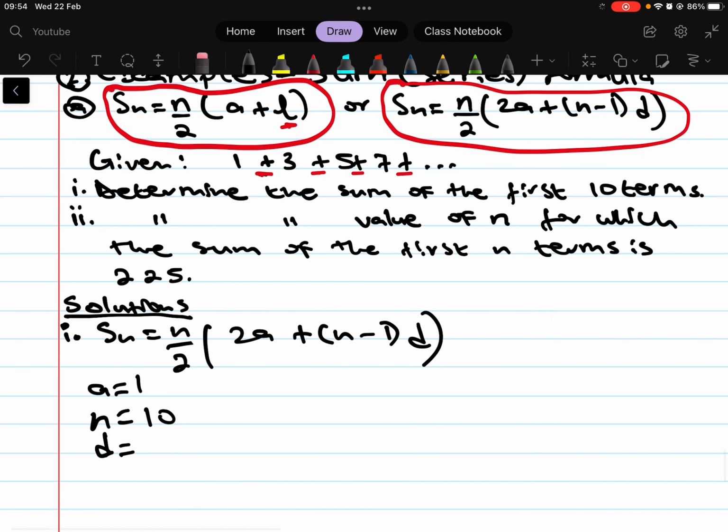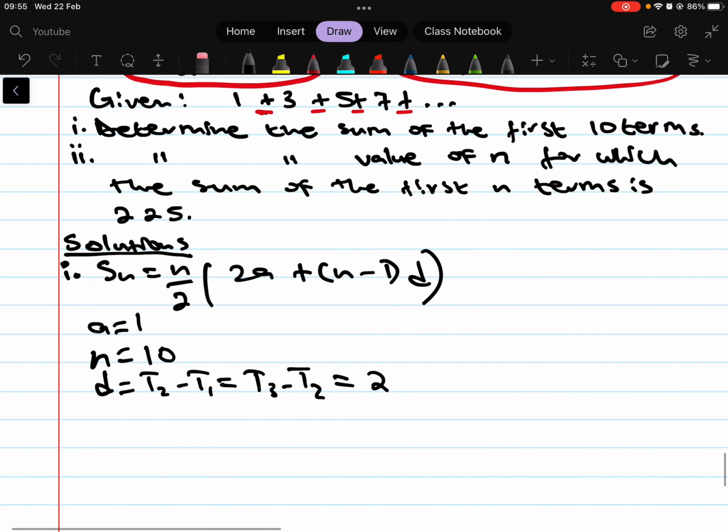Because this is a linear series or an arithmetic series, the d is just the difference between every two consecutive terms. In this case, you can take t2 minus t1, or maybe t3 minus t2. You'd realize that it's always going to be 2, because 3 minus 1 is 2, 5 minus 3 is 2, 7 minus 5 is also 2. So our d is 2.